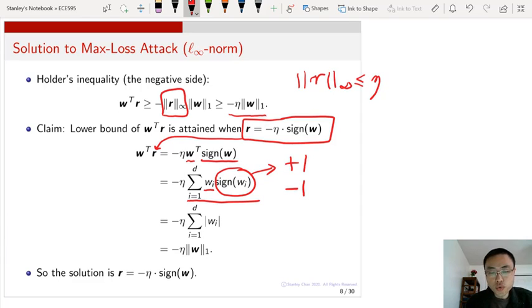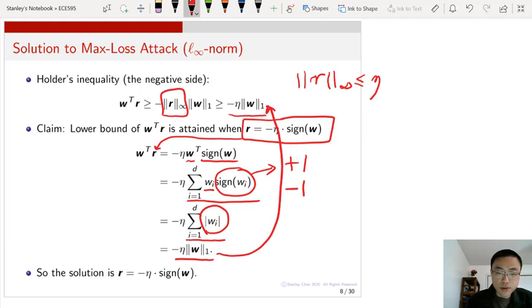And therefore, no matter what you do, you will end up having the absolute value of wi. So you can replace wi times sign of wi by the absolute value of wi. And since you're summing over all the wi's, that will give you the L1 norm of w. Therefore, you compare this equation to here, and you can see that indeed you have reached the lower bound of the objective function. And therefore, the solution is r equals minus eta times the sign of w.